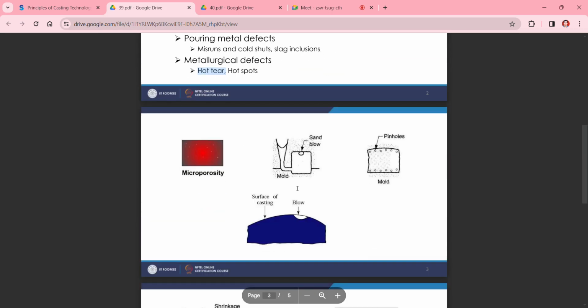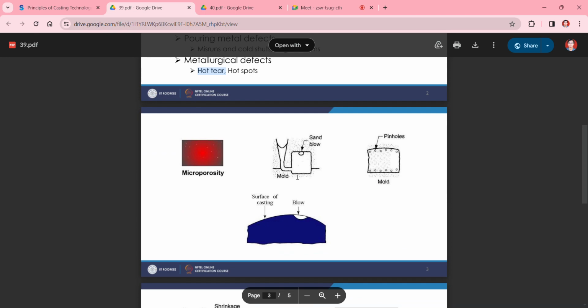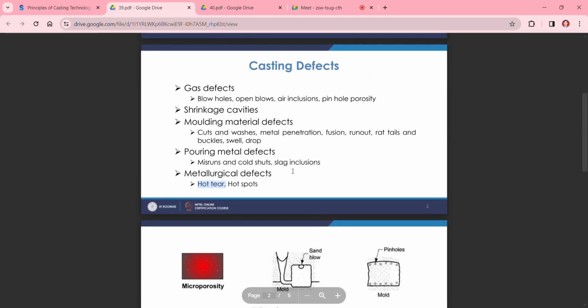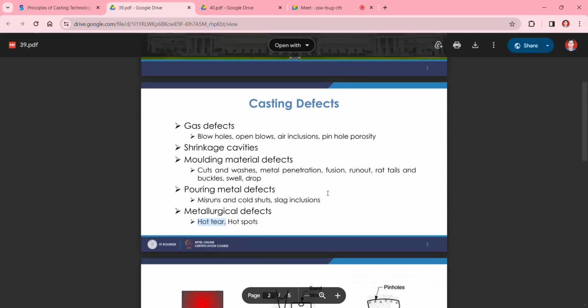You can see the sharp corner is not here in the mold, we have somehow tapered it to some extent, so that will help to avoid that hot tear effect, because the contraction will not be there. So that will avoid the hot tear defect.